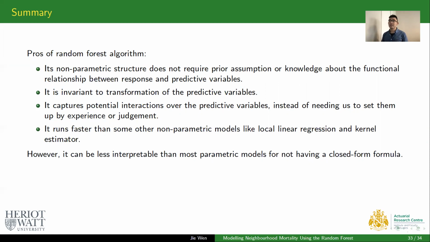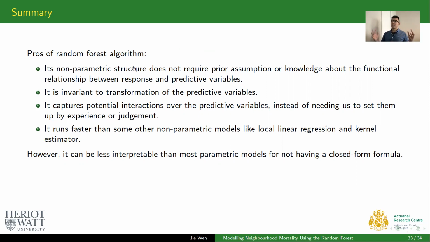For example, in comparison, with the GLM we have to assume what distribution the variable follows, and we have to know in advance the particular relationship between y and x before running the model. But for the random forest, we don't need any of these.